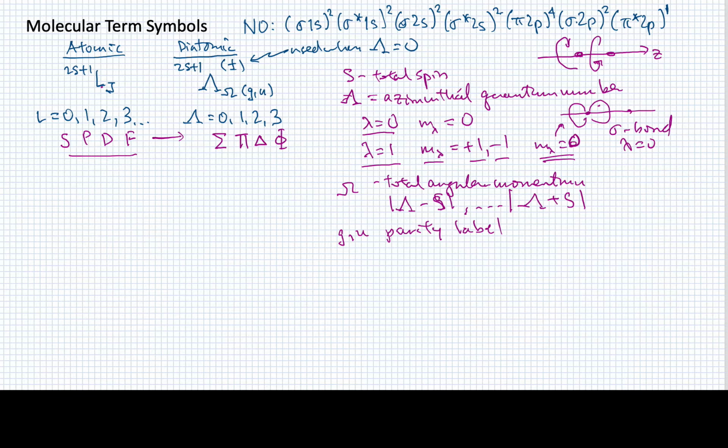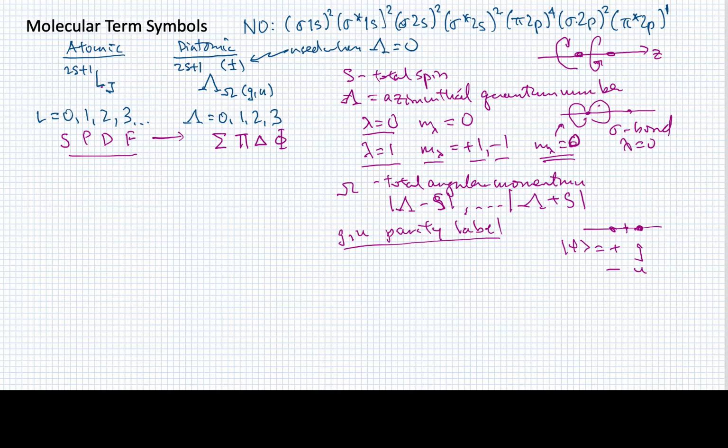We've talked a little bit about the G and the U parity labels. If we invert the wave function through the center of the molecule, and it keeps the same sign, then this is G. If it changes sign, then it's U. This parity label is something we've run into before, and it will now appear as part of the term symbol.